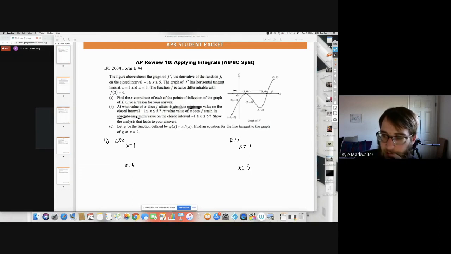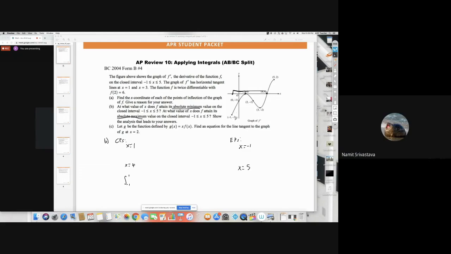I can stop anywhere along here. If I did the integral from -1 until this critical point when x is 1, -1 to 1, it would be negative, right? Because the graph's below the x-axis.